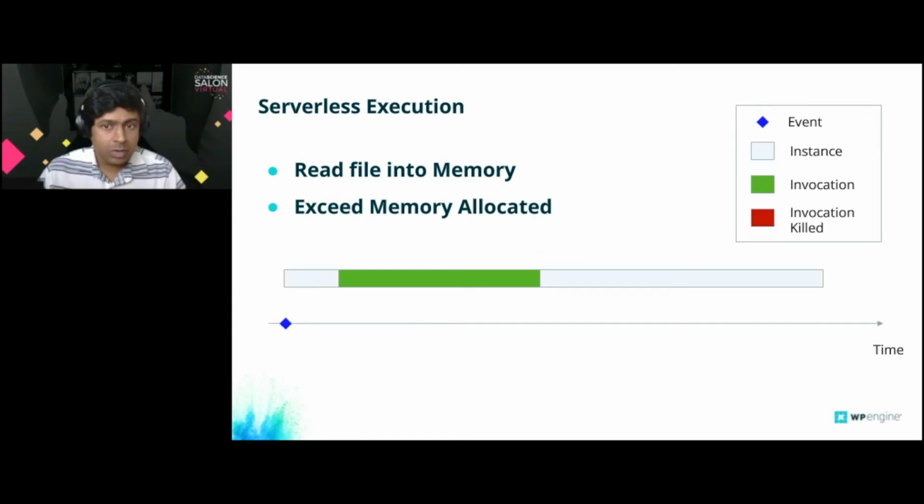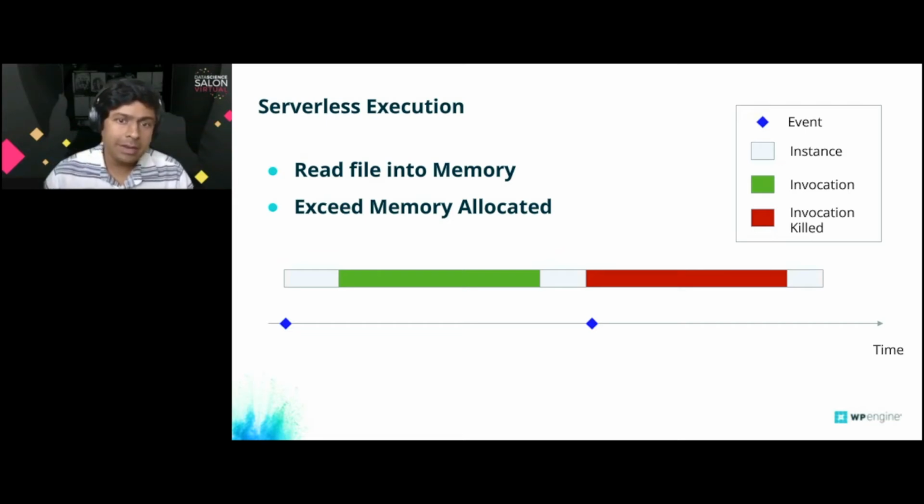The serverless framework will actually see this, and it'll kill your invocation. Because of this, we always have to over-allocate resources to handle peak load, even though most of the time, we won't actually use all those resources. This over-allocation of resources translates to your serverless dollars being wasted.